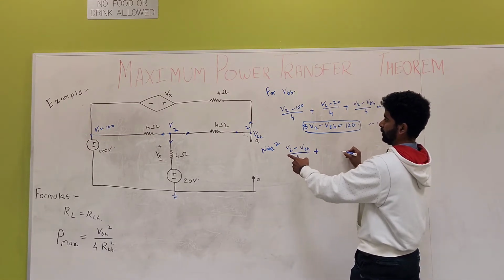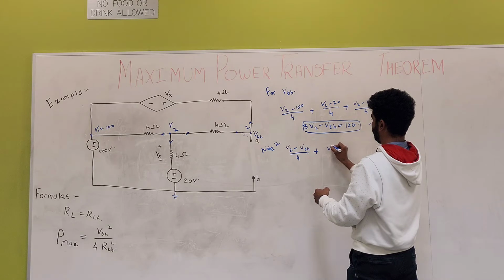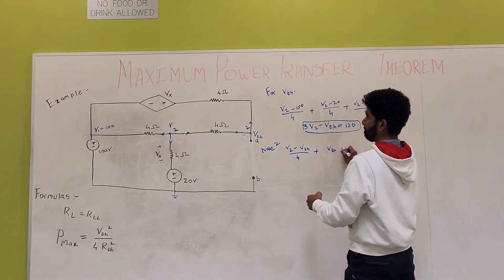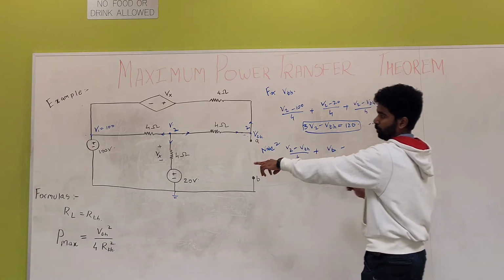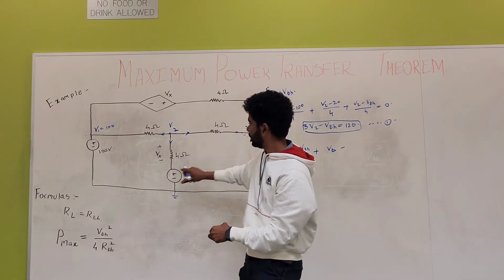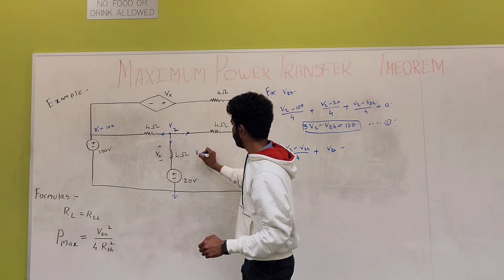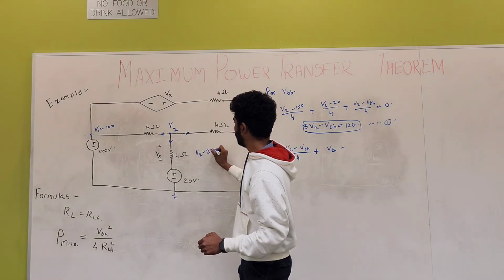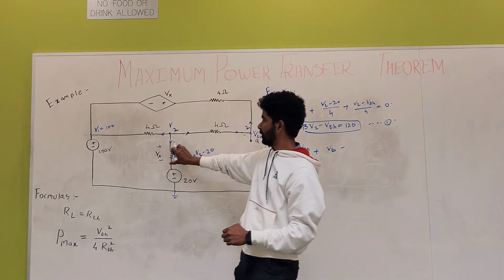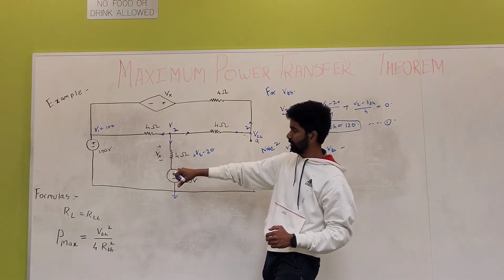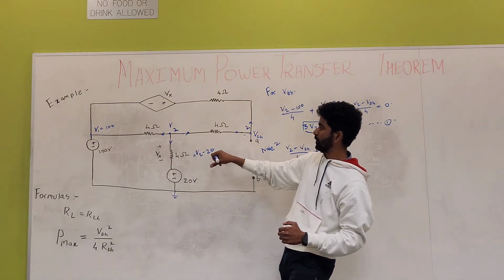Plus, going up, it would be VTH minus Vx. My Vx would be, in this case, V2 minus 20, because it would be just V2 minus 20. So at this resistance, it would be Vx, which is equal to V2 minus 20.